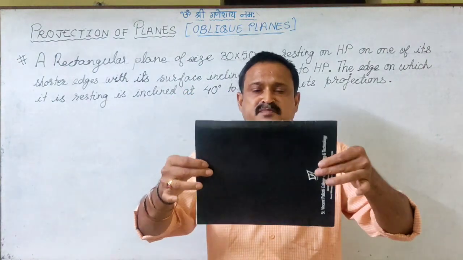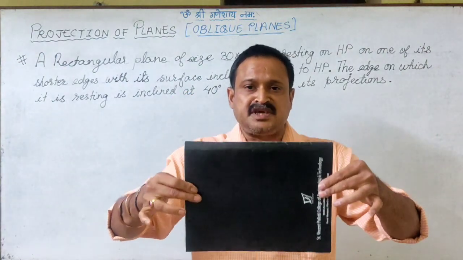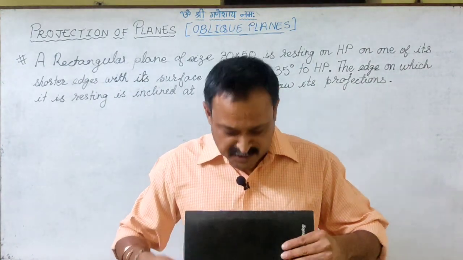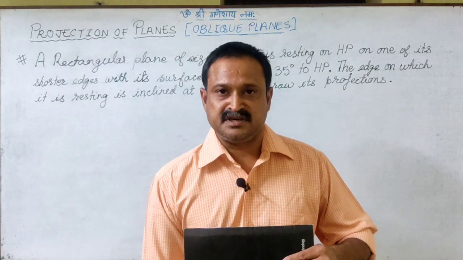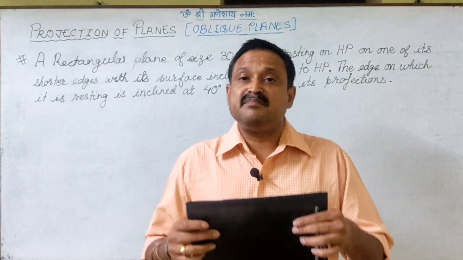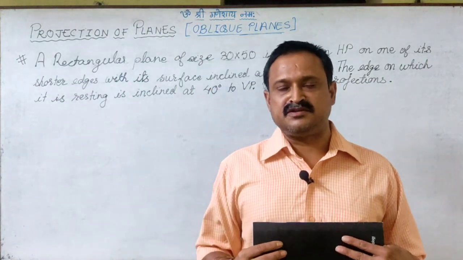If I make this plane perpendicular to HP, I can see the trace of this plane on the top view or on HP. Now, how are we ensuring this perpendicularity? When we are making this plane parallel to one of the planes.